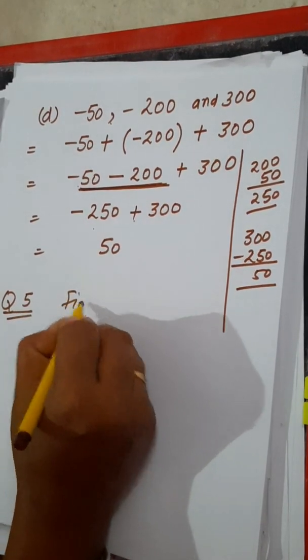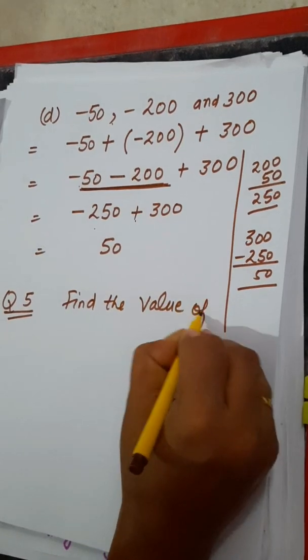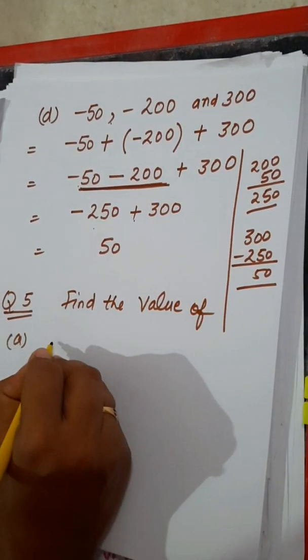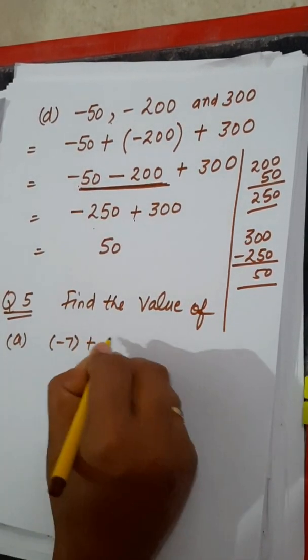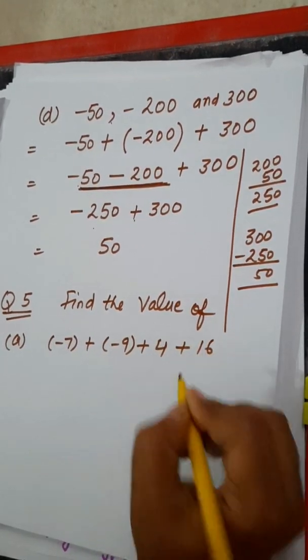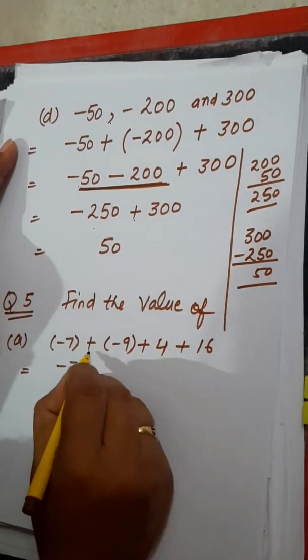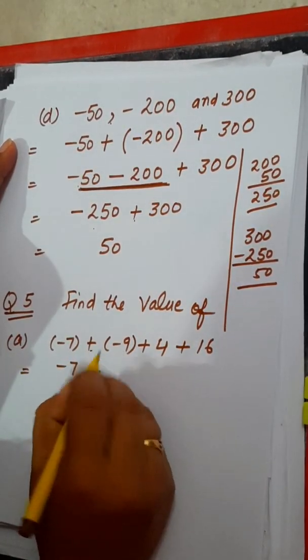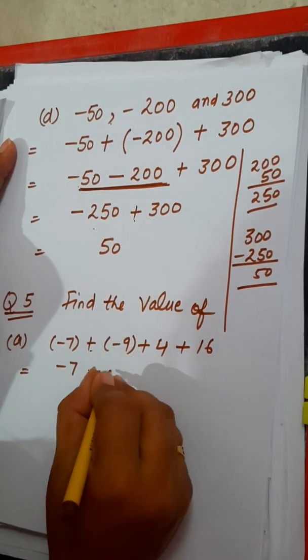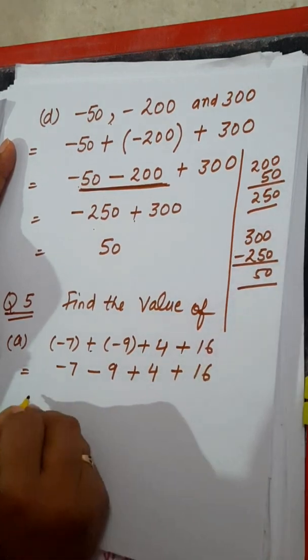Question number 5 is: find the value of minus 7 plus minus 9, plus 4 plus 16. So firstly I have to solve the bracket first. Minus 7 plus minus, minus, opposite sign, minus 9 plus 4 as it is, plus 16 as it is.